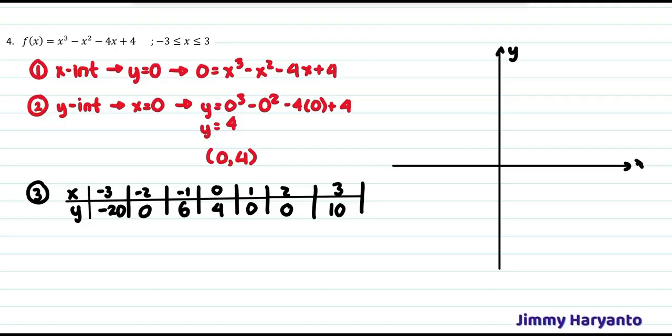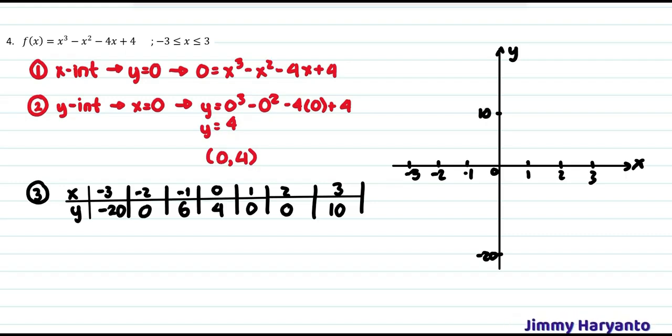So this one is y, this one is x. We have negative 3 until 3: negative 3, negative 2, negative 1, 0, 1, 2, and 3. And then for the y, we'll have negative 20. Let's say this one is negative 20, and that means this one is 10.